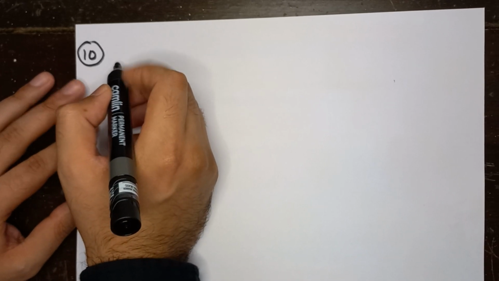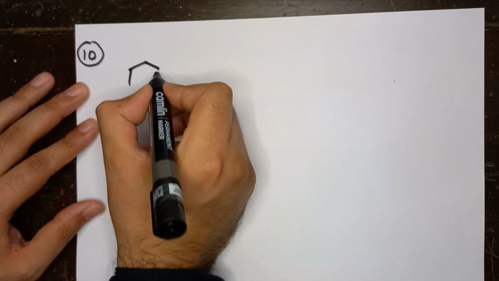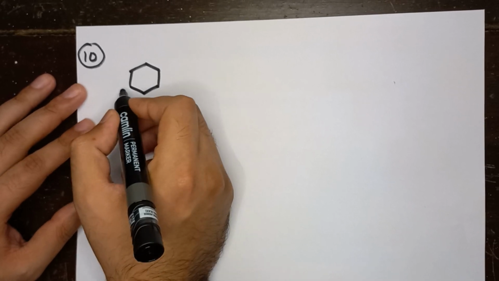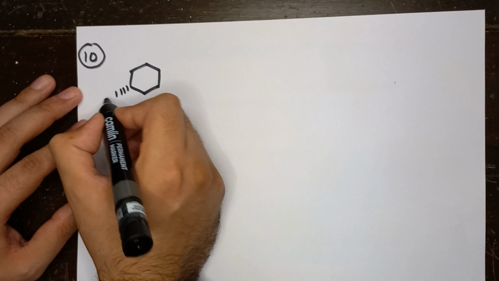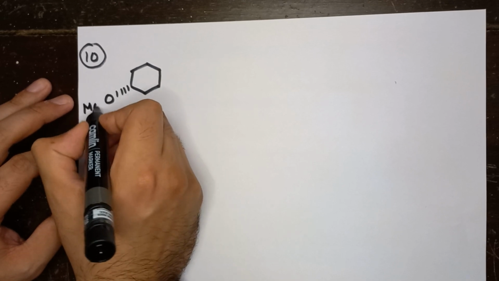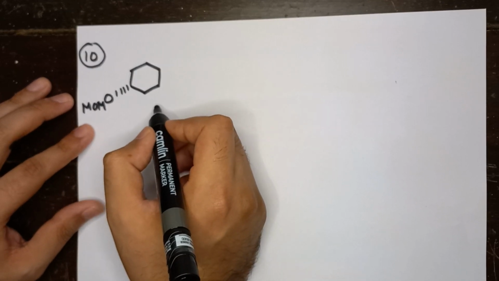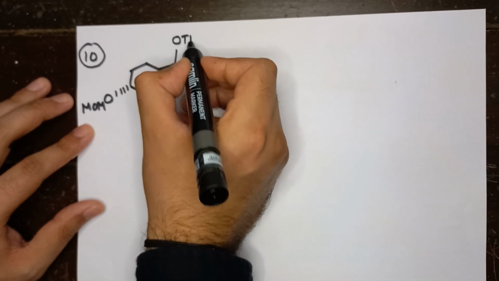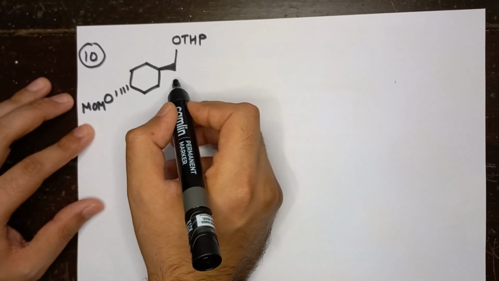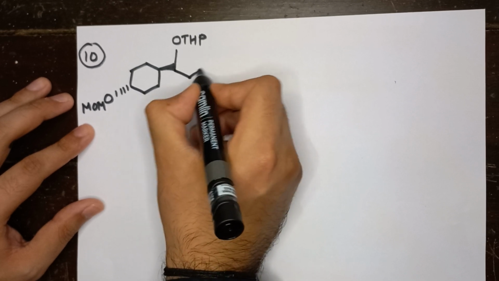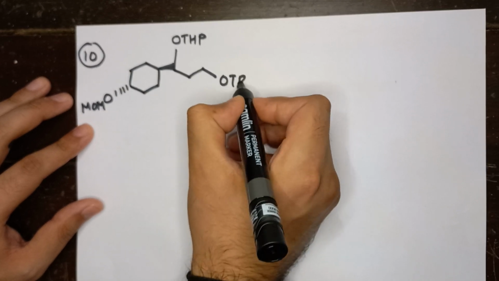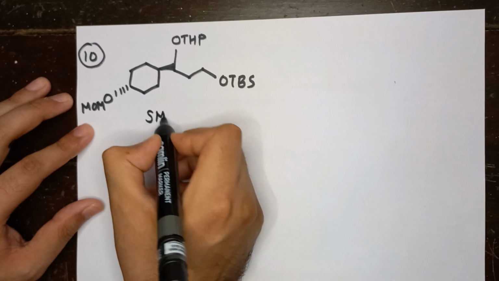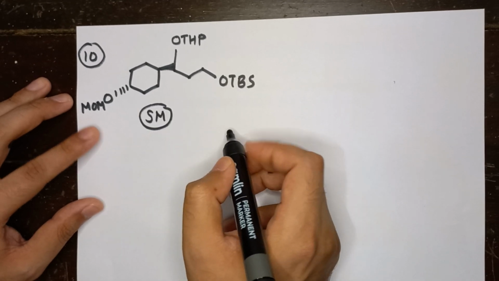So next question, the 10th question, we have this particular ring. Here we have a MOM protected alcohol. Here we have a THP protected alcohol, and we have an OTBS group. So this is my starting material. Fine.